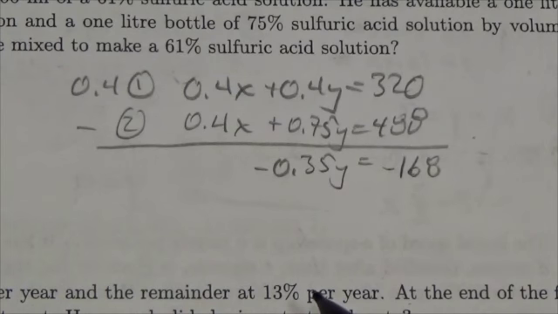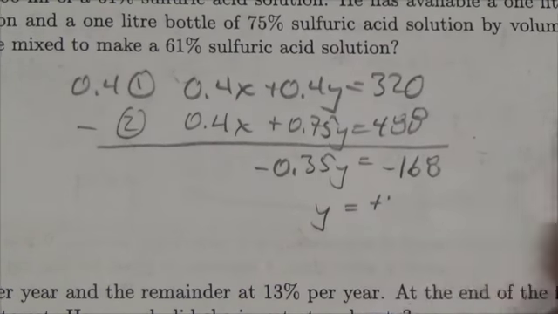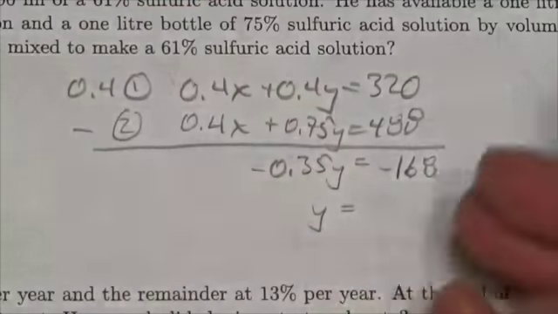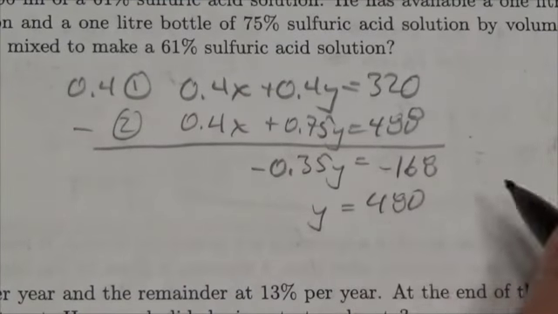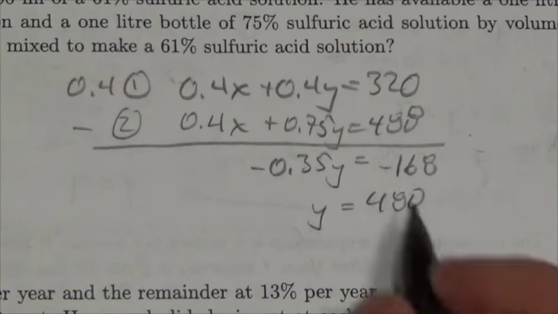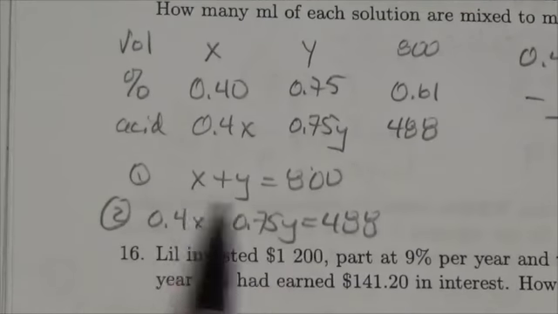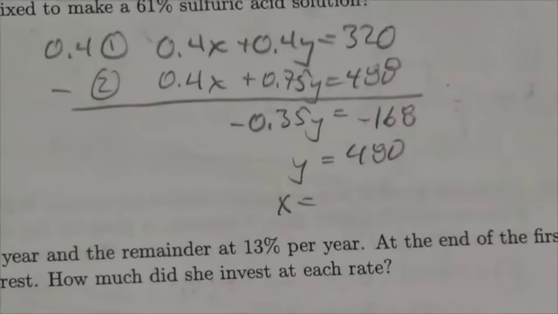And now if I divide that by 0.35, I get that y is equal to 480. Sorry, issues with the signs this morning. So 480 mils of the 75% acid. Now, I'll go back to one of the original equations. I'll go back to equation 1 to figure out what's missing here.